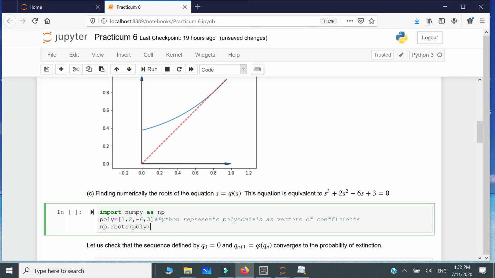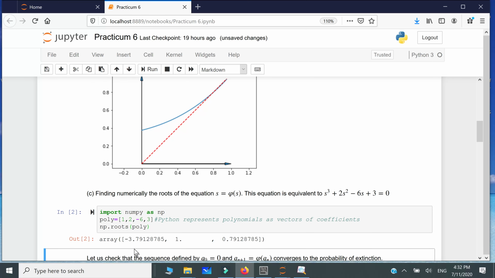And the command is np.roots. There are 3 roots: -3.79, 1 always, and 0.79. So this is the first way of solving numerically the equation s = phi(s). This is the probability that we got actually. This negative root is rejected, as you know.